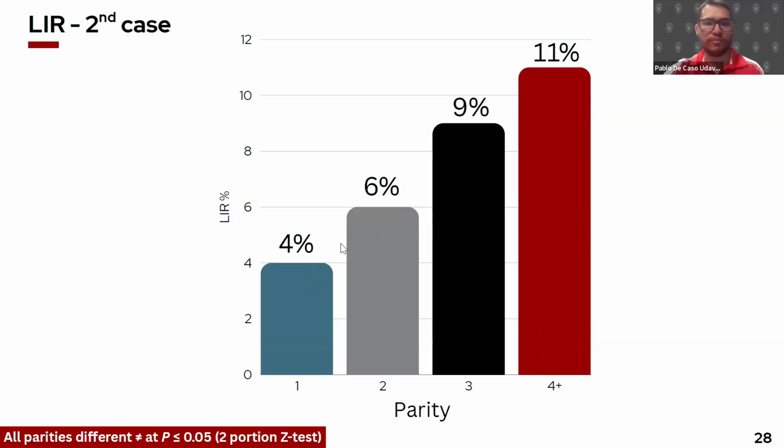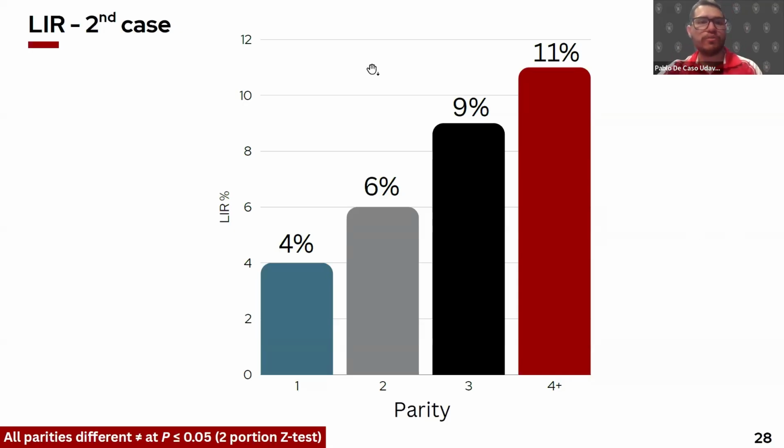First parity cows have a lesser likelihood to develop clinical mastitis. Then we see that the highest risk is also in 4 or more parity cows, with 11%. So what that lets us understand is that 1 in every 10 cows is at a higher risk of developing clinical mastitis 2 times throughout her lactation.